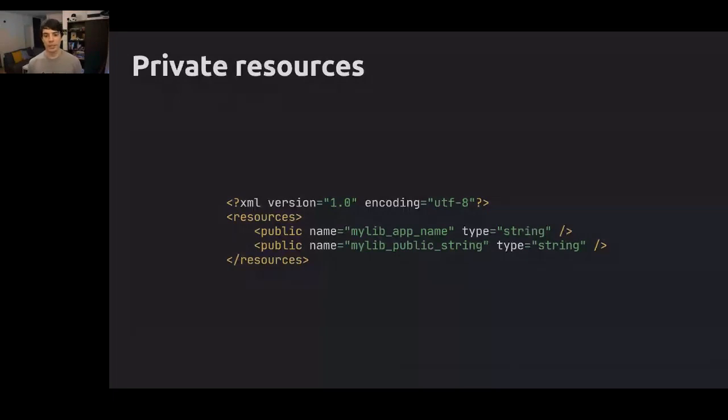If you don't have any public resources declared, then everything by default is public in your library, as I just mentioned. But as soon as you add at least one public resource, everything that's not listed as public will become private. So you can't specify private resources, but you can explicitly specify public resources. Everything that's not listed with these public declarations will be hidden from your client.